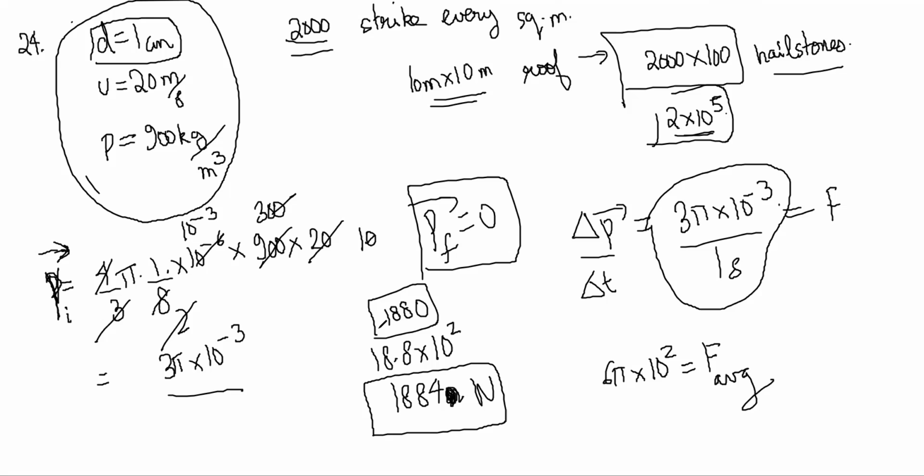I misunderstood. Force is rate of change of momentum, so average force is total change in momentum by total time. And total change in momentum here is due to hailstones coming with speed and becoming zero speed. That is the change in momentum.